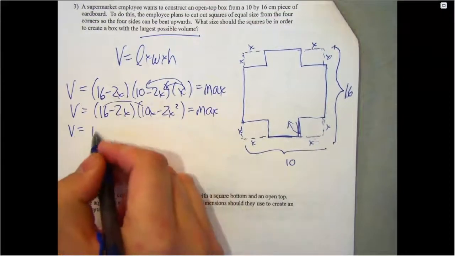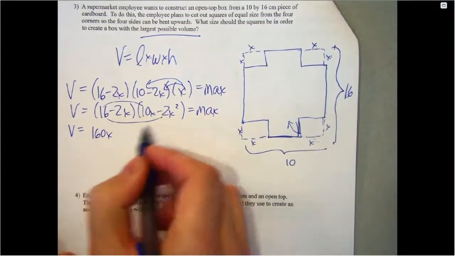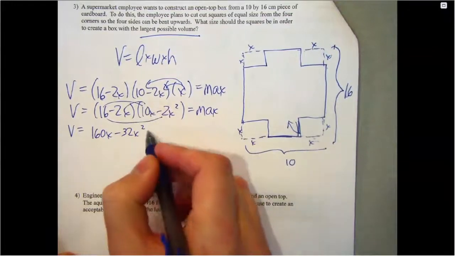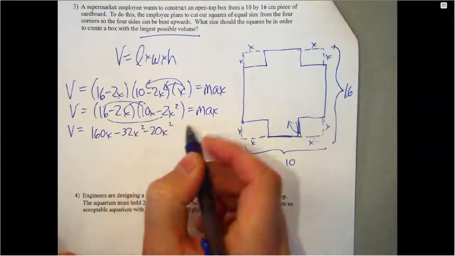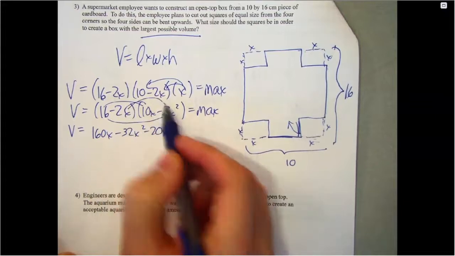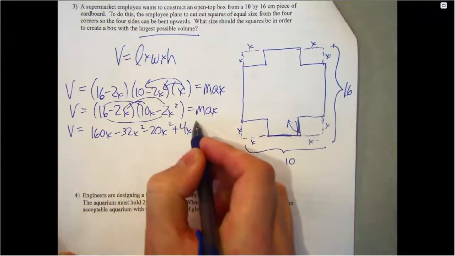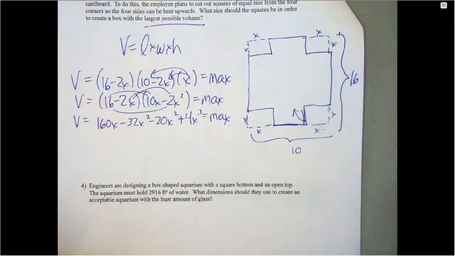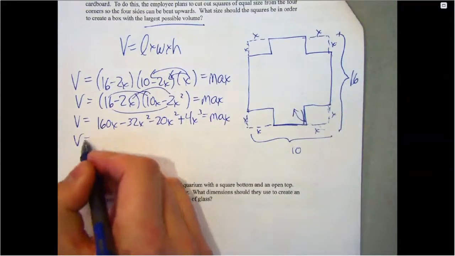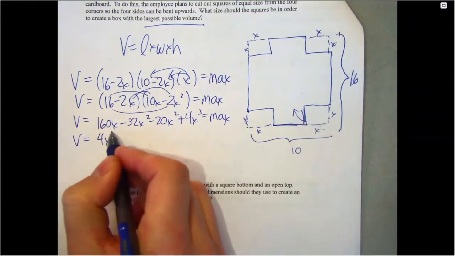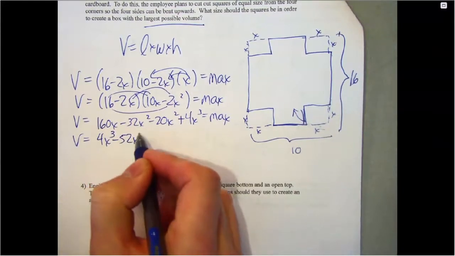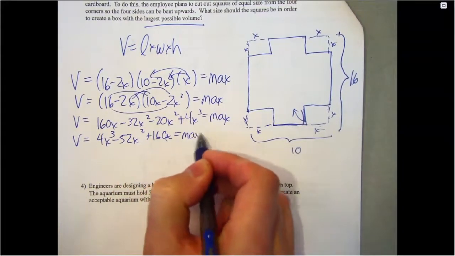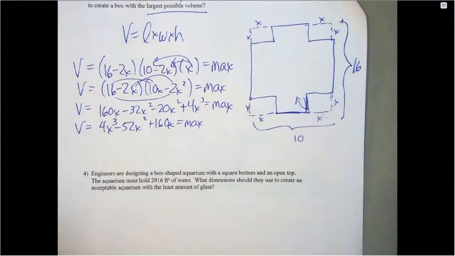So I get 160x minus 32x squared plus 20x squared plus 4x to the third. And I still didn't take the derivative, so that's still equal to max. So that's 4x to the third minus 52x squared, if I combine my terms, plus 160x equals max.